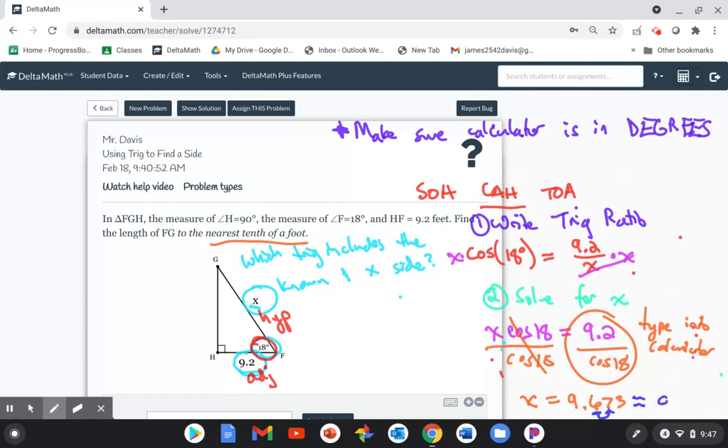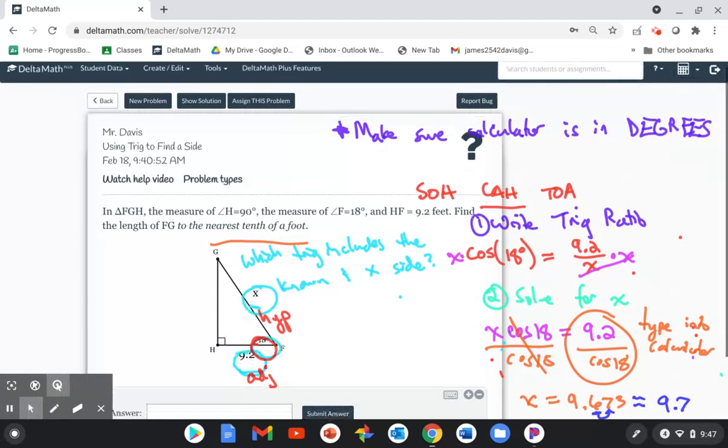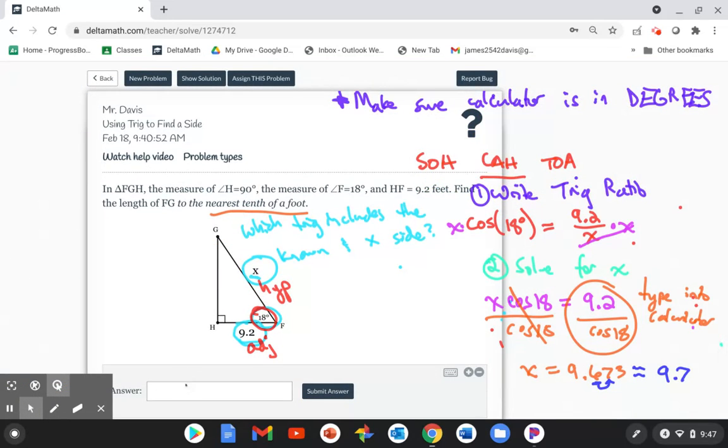This is approximately 9.7. Always make sure that seems like a reasonable side length. If it doesn't, you're probably in radians, or you typed it in wrong. If this one was 9.2, it seems reasonable that this could be 9.7. It may be a little longer, but we're just looking for the same realm of numbers. These triangles won't always be exactly the right proportion.